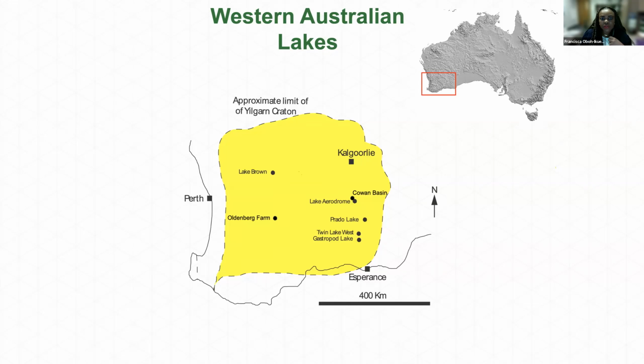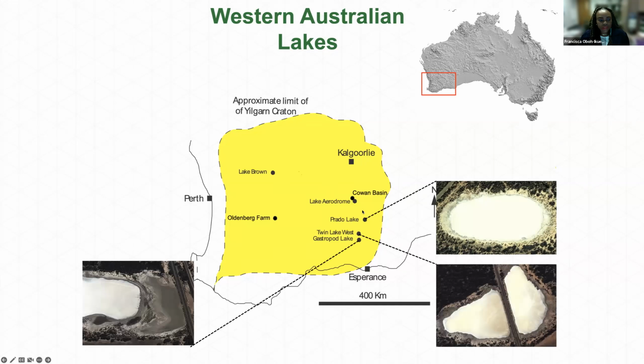Here is the Yilgarn Craton and the 10 lakes we studied. We actually had the privilege to name most of these lakes because they had not been studied. For example, we have here Prado Lake. Anyone who knows Toyota Prado, that's what we named it after because we rented a Toyota Prado Jeep.